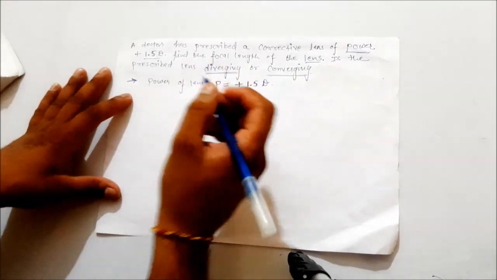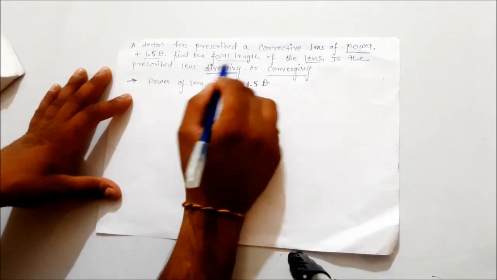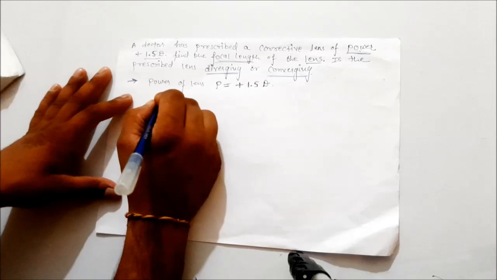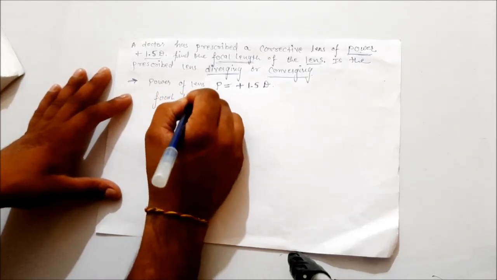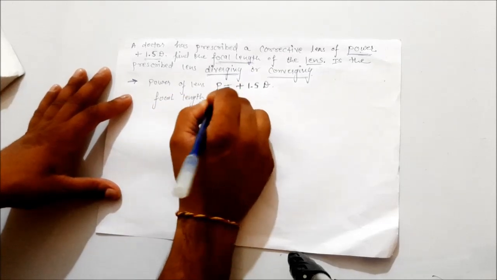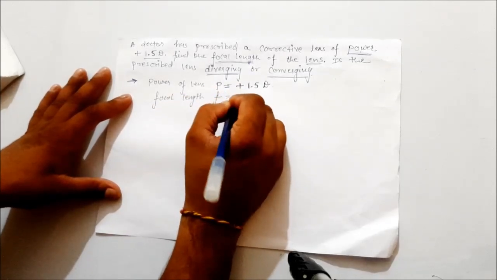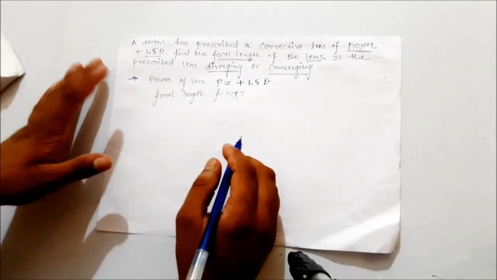Now let's see what we have to do. We have to find out the focal length F, and which type of lens it is.